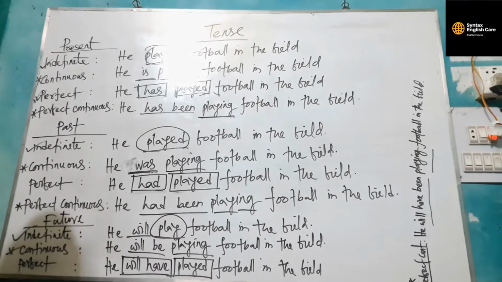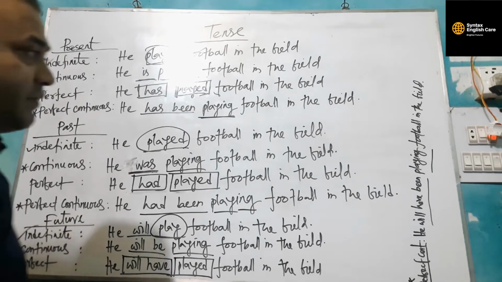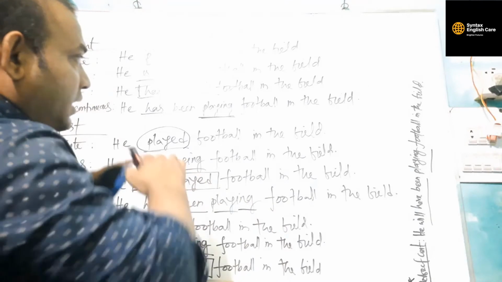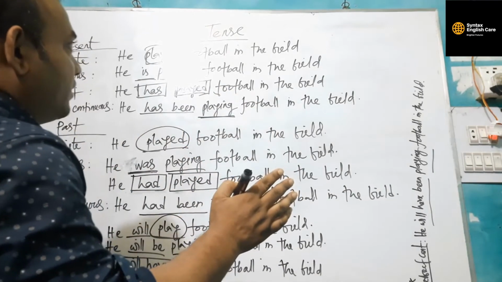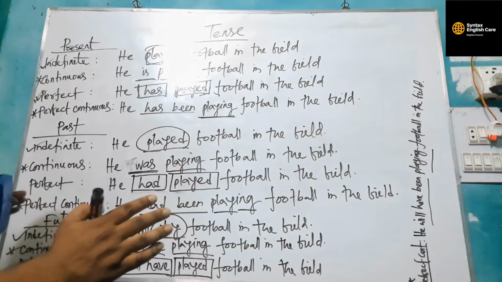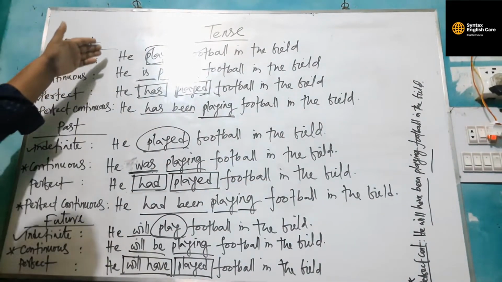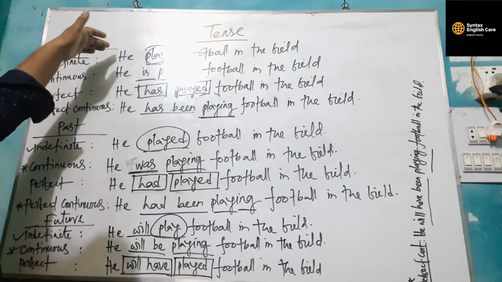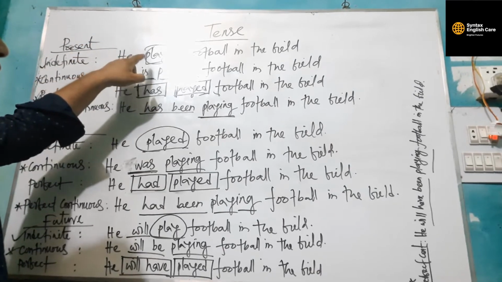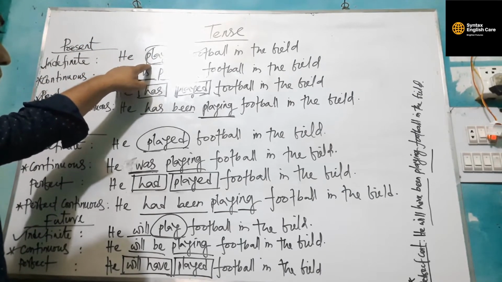Okay, so dear guys, if you look into the overall subject, if you look into the board carefully, then you will find it's very easy. In case of indefinite tense, only the present form of the verb is used.